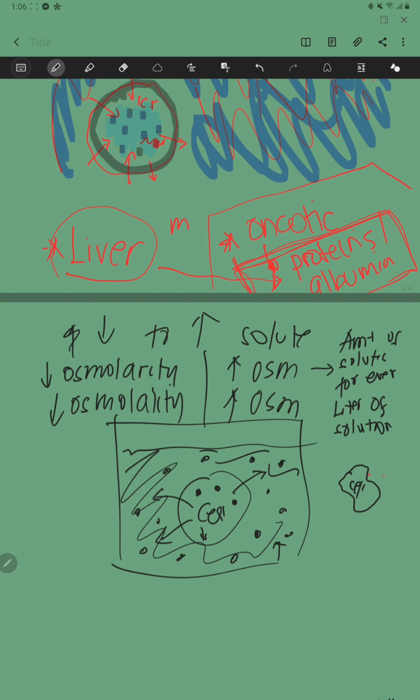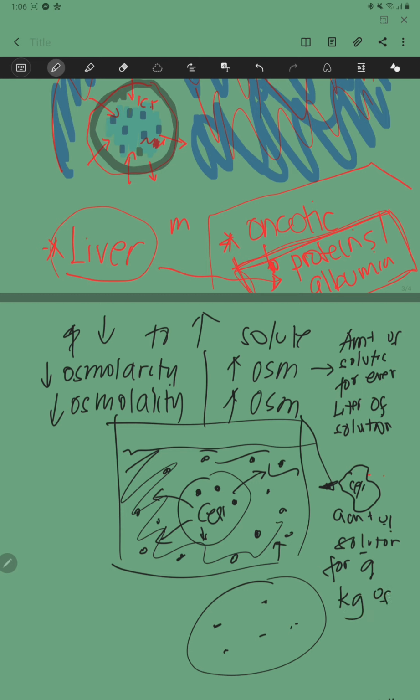So, in a solution, ilan ang merong solute particles dyan? Osmolality naman would refer also to the amount of solution for every kilogram of solution. So, in this case, kilogram ang osmolality, liter ang nagamit sa osmolarity. Pero pareho silang minemeasure yung amount of solutes in a given solution. So, take note of that.